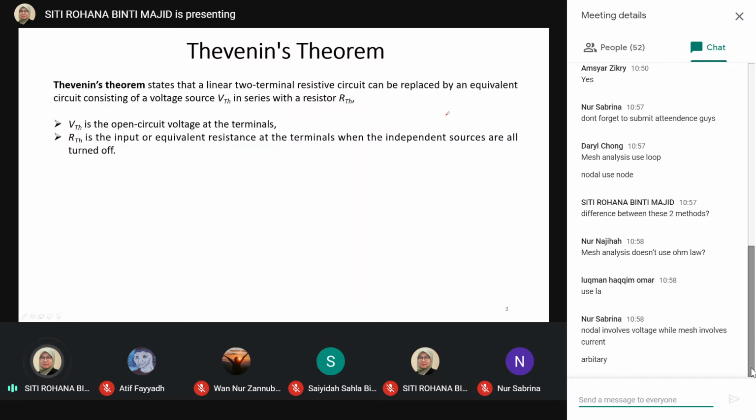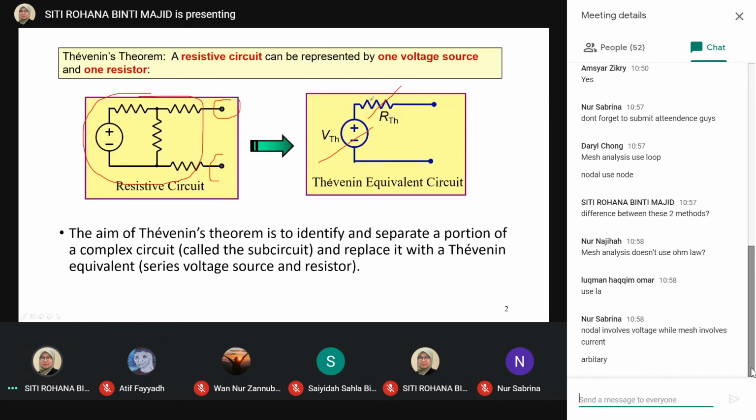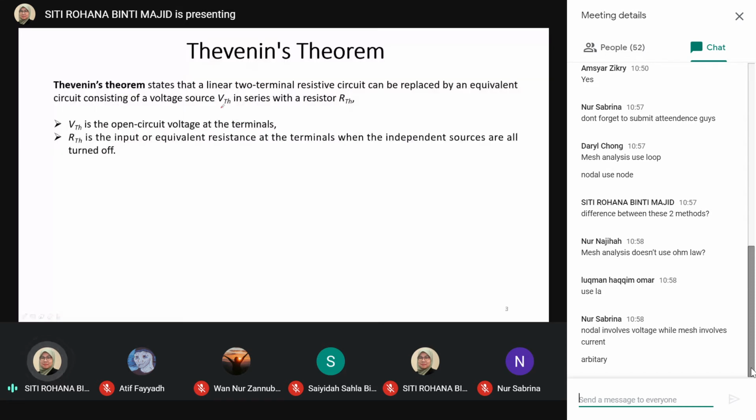So we will have VTH, which refers to the open circuit voltage. You have to know what open circuit voltage is. If you look back at this equivalent circuit, the resistor and the voltage source will be in series. Norton is parallel.